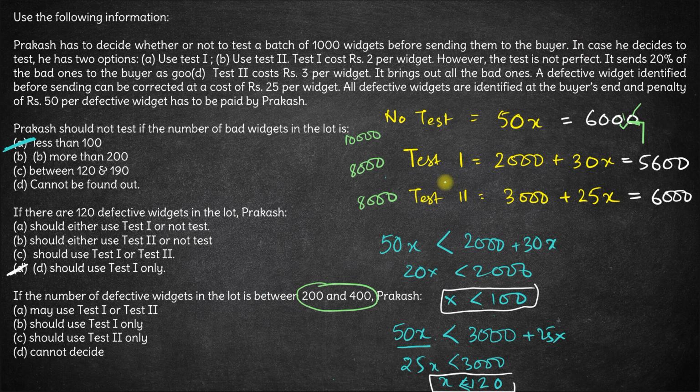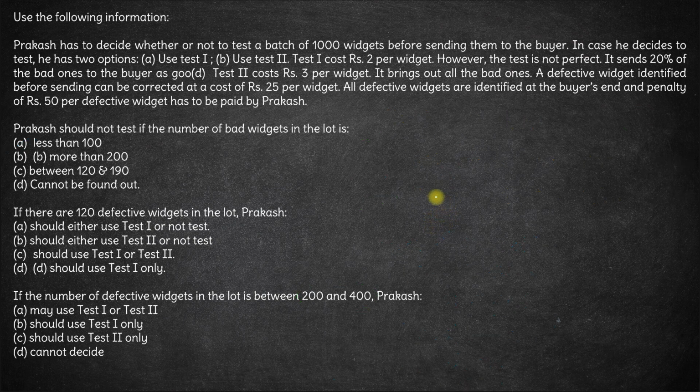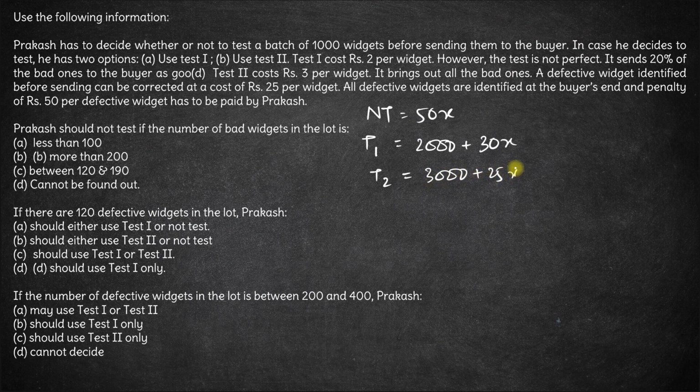Or actually, let's think of it in a slightly different way. I will erase all of these. So we know no test cost is 50x. Test 1 cost is 2000 plus 30x, and test 2 cost is 3000 plus 25x.